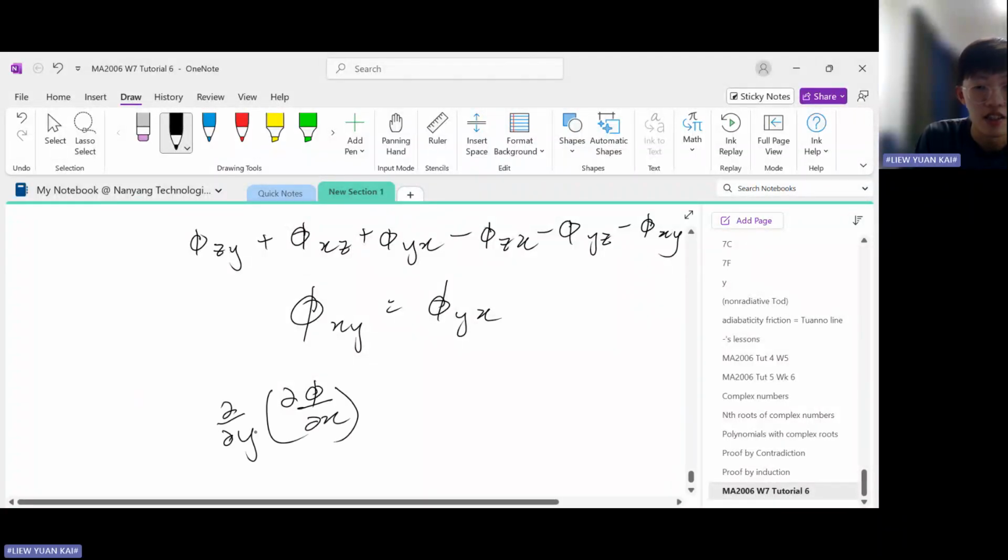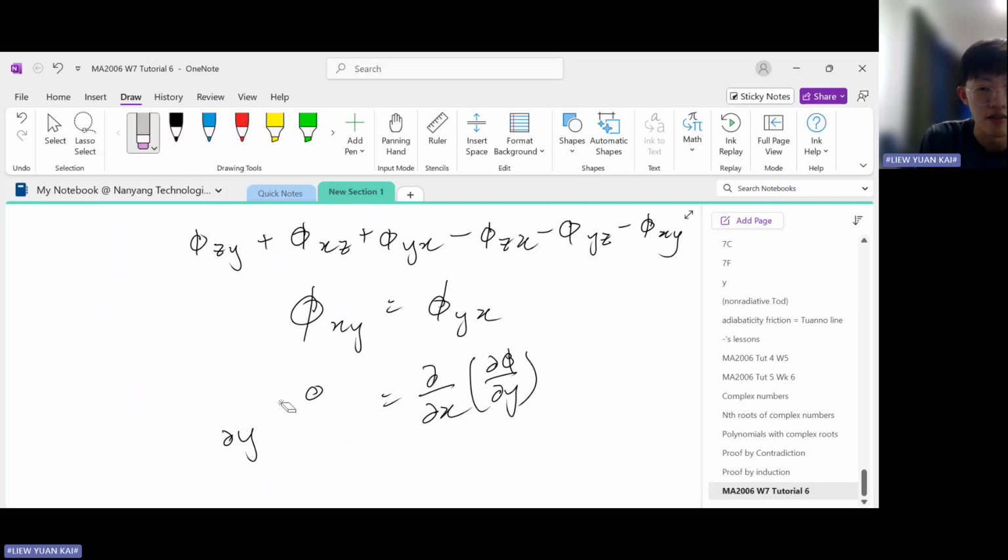So even though I swap the order of the derivatives, they still possess the same value. Having that knowledge, we can do some simplification.